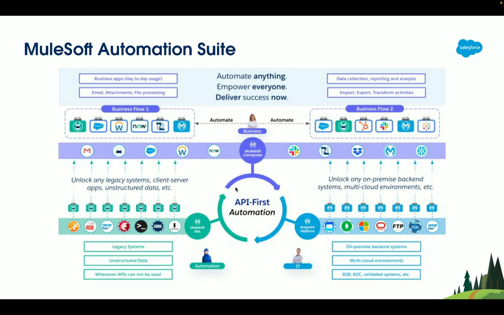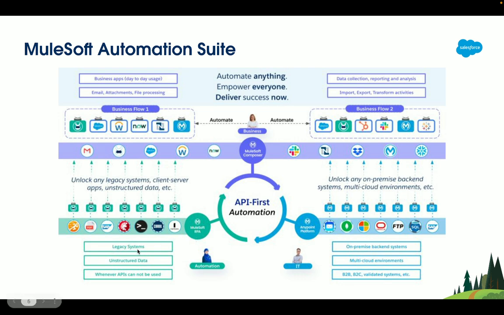While MuleSoft Composer and Anypoint Platform work seamlessly with systems that have an API exposed, with MuleSoft RPA we cannot. Typically, MuleSoft RPA is used to interact with systems that don't have APIs exposed, for example systems written in COBOL or SAP, or any other systems without APIs, where we want to interact with the system so that the manual job done by a person there can be replaced by MuleSoft RPA, and the person can work on other meaningful tasks.